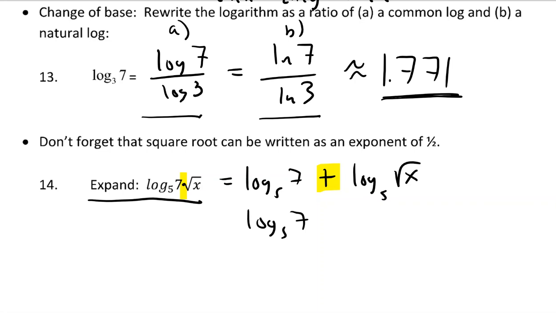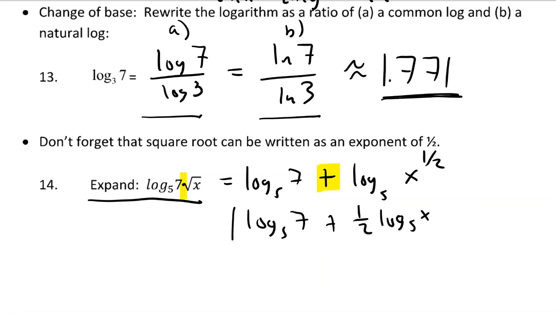So a square root is an exponent of a half, a cube root is an exponent of a third, a fourth root is an exponent of a fourth. So because this can be thought of like that, we wouldn't leave our answer looking like this. We would need to bring the 1/2 down.